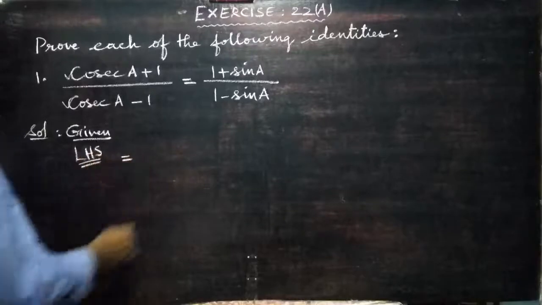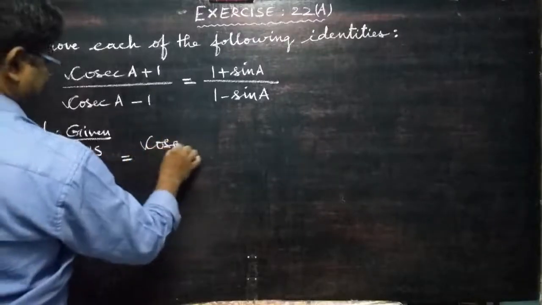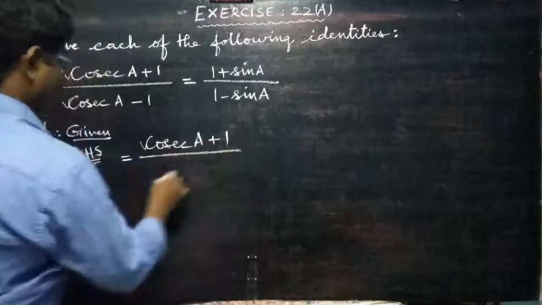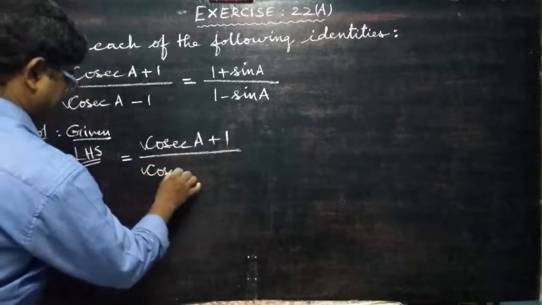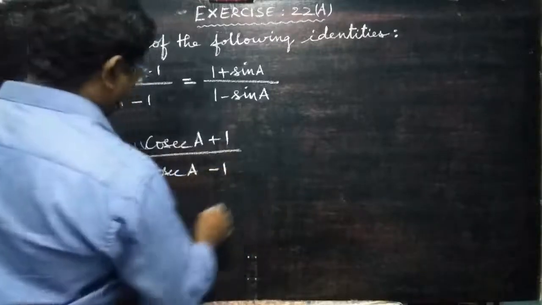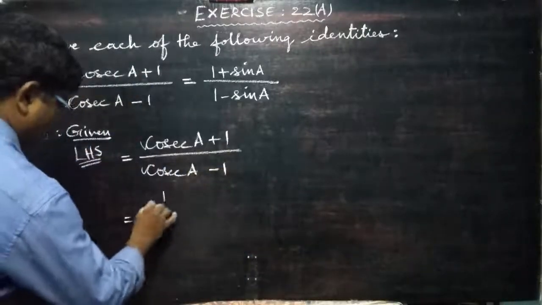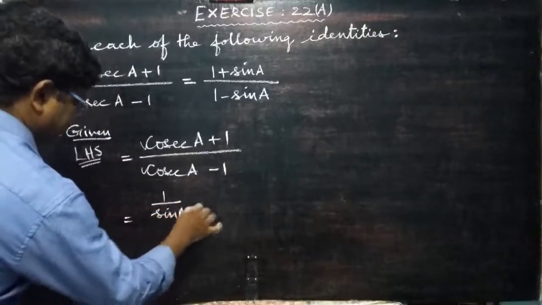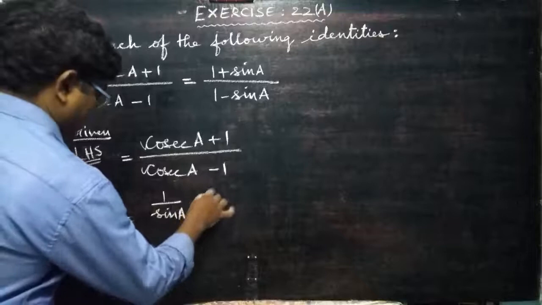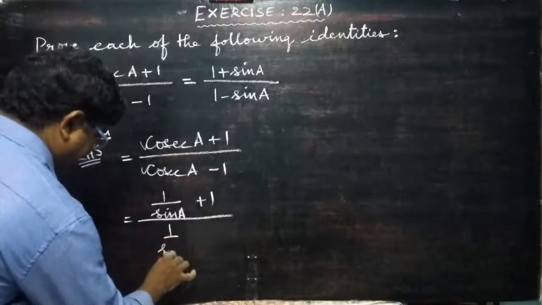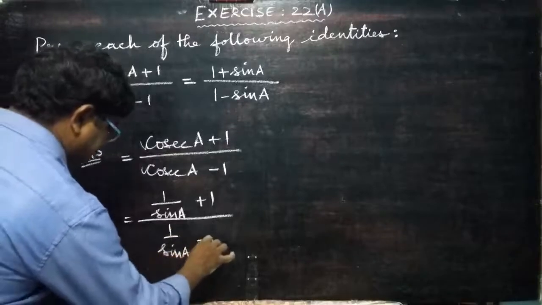What is given? Cosecant A plus 1 by cosecant A minus 1. We can write cosecant as 1 by sine. So (1 by sine A plus 1) by (1 by sine A minus 1).